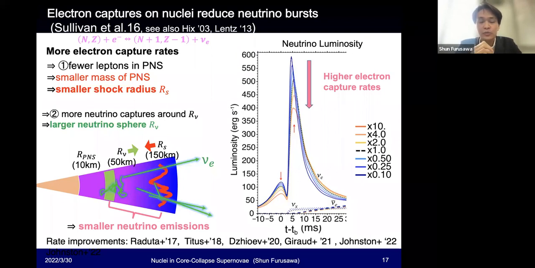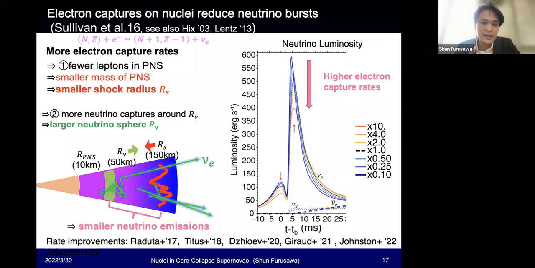And the mass of the protoneutron star becomes small. And the energy of the shockwave becomes weak, and the radius of the shockwave becomes small. So the shock energy becomes weak if the electron capture rate is high.